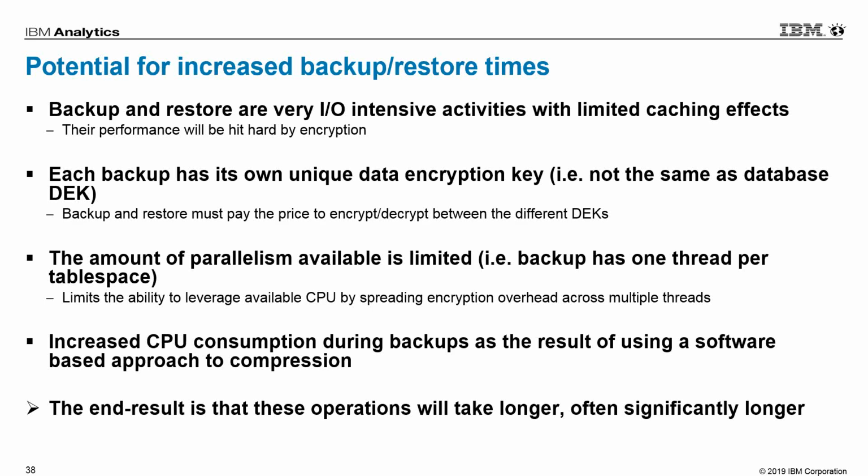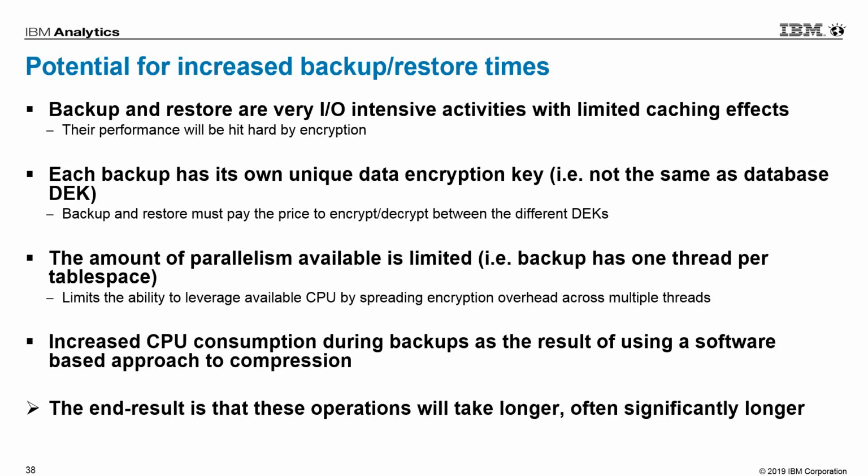And that's why hardware acceleration and, where possible, parallelism is critical. Right now, we allow a backup thread per table space. By the way, there's an RFE to allow parallelism within a table space, and I'm pushing hard for it for the reasons listed here. Please go vote for it. But basically, this is a place where if you can use parallelism, use it, because it helps spread out the CPU, assuming you have the CPU available to handle multiple threads.